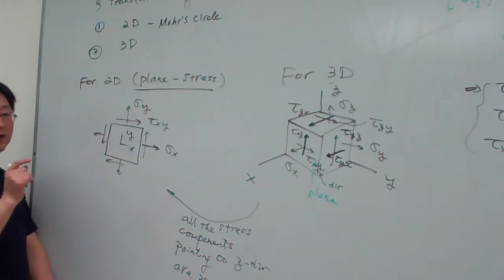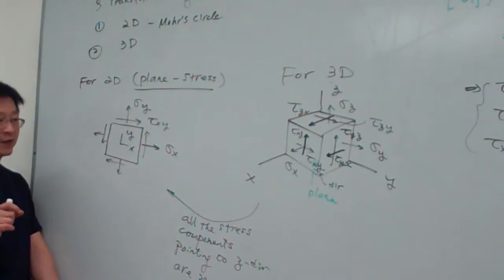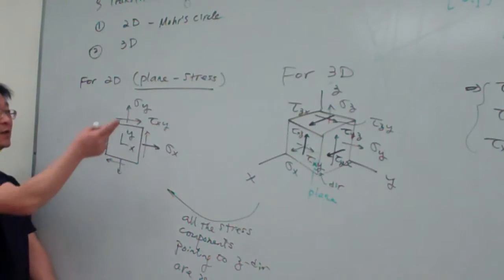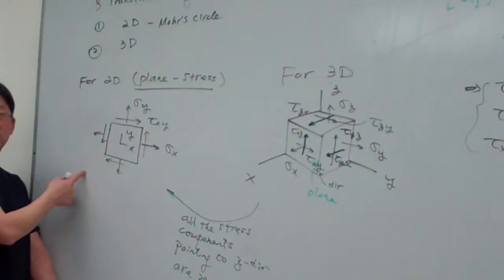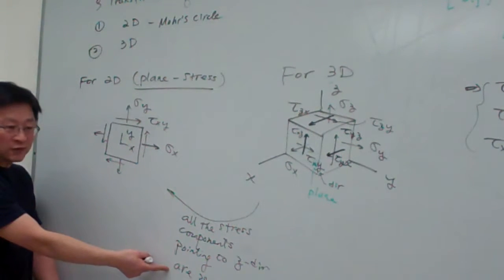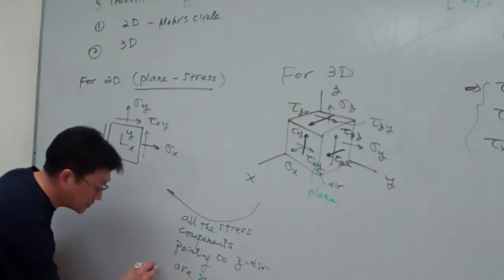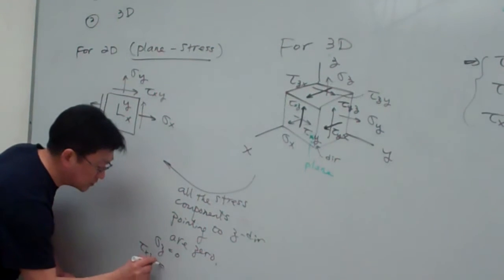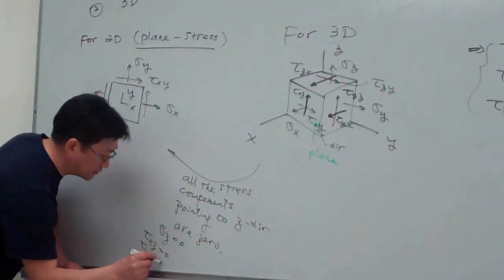So as long as in your application, in one direction all the stress components vanish, then that can be approximated as plane stress, which means 2D. This has huge applications. For this case, sigma z equals 0, tau xz equals 0, and tau yz equals 0.